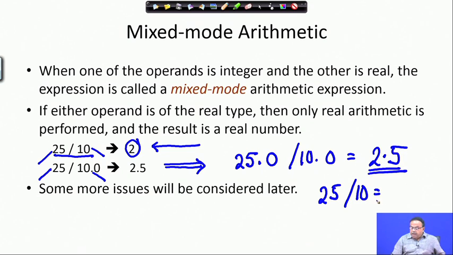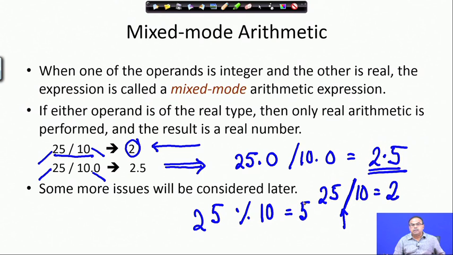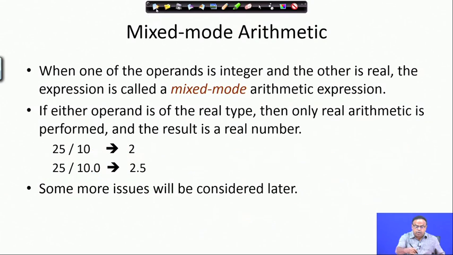But since this operator is an integer division, it will find the quotient, and the quotient is an integer. The quotient is 2. If I had done 25 modulus 10, the result would be 5, another integer. So, we could understand what is meant by mixed mode, real mode and integer mode of arithmetic.